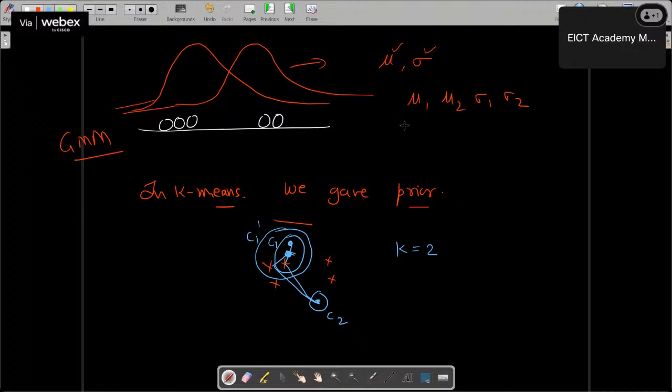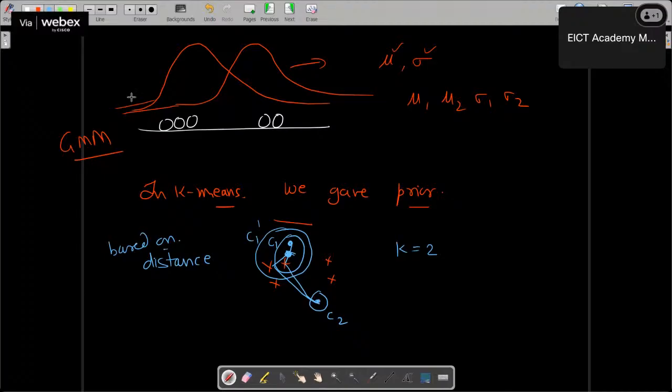In K-means, the centroid is updated based on distance, meaning whichever cluster has the lesser distance, the data point belongs to it. So the updating of the centroid is based on the distance.